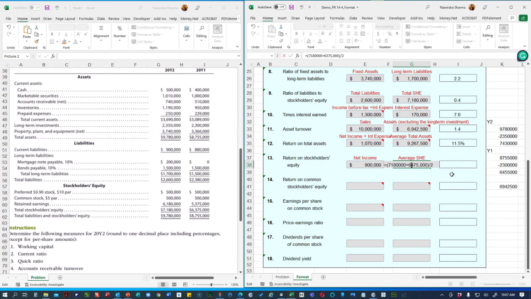So this will be okay. Okay, so I got that as 6,777,500. How did I get that? Again, I added the two stockholders equity amounts and divided by 2. So now let's calculate.